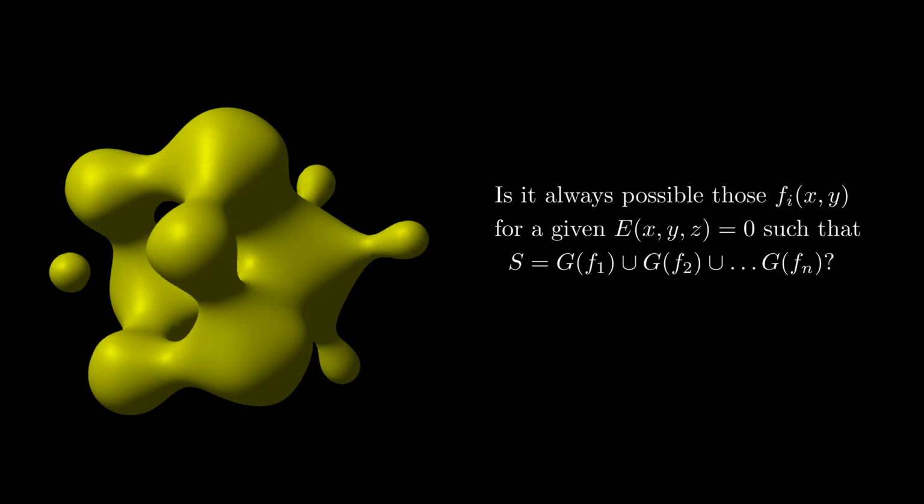This is the question, right? We are wondering if it's always possible to chop or to translate, in some sense, our surface into smaller functions of x and y, which for a computer are very simple to draw. So let's analyze this. Let's explore this idea.